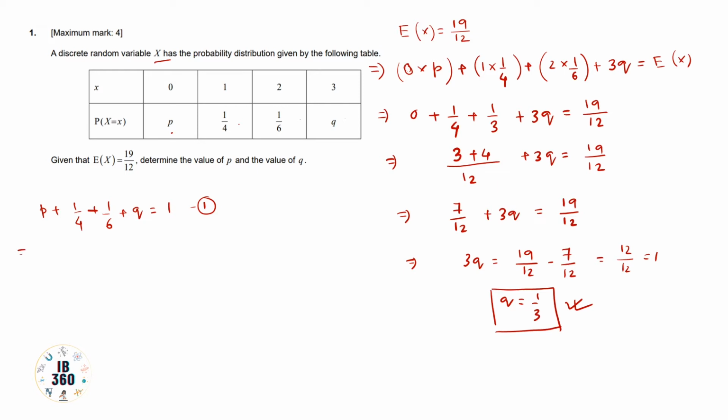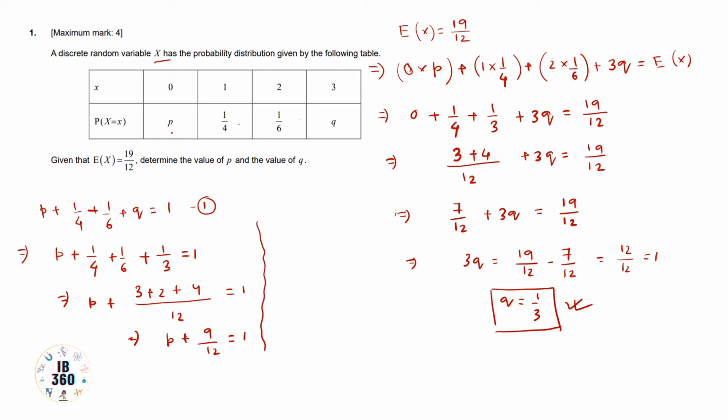Now we will find the value of p from this equation, that is p plus 1/4 plus 1/6 plus the value of q, which is 1/3, equals 1. Here you can see the LCM will be 12, so 3 plus 2 plus 4. So we are getting p plus 9/12 equals 1.